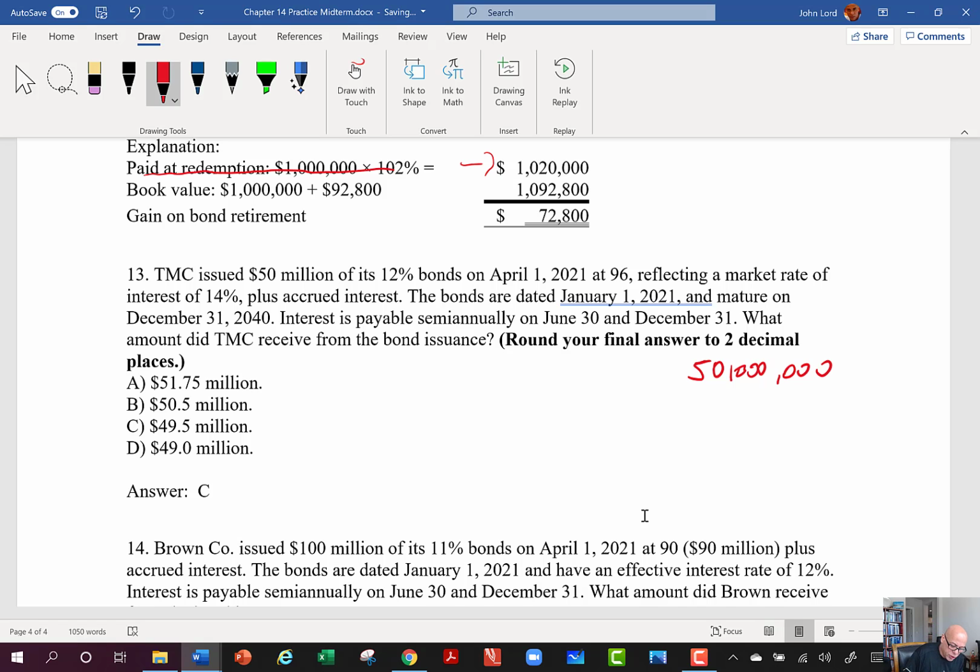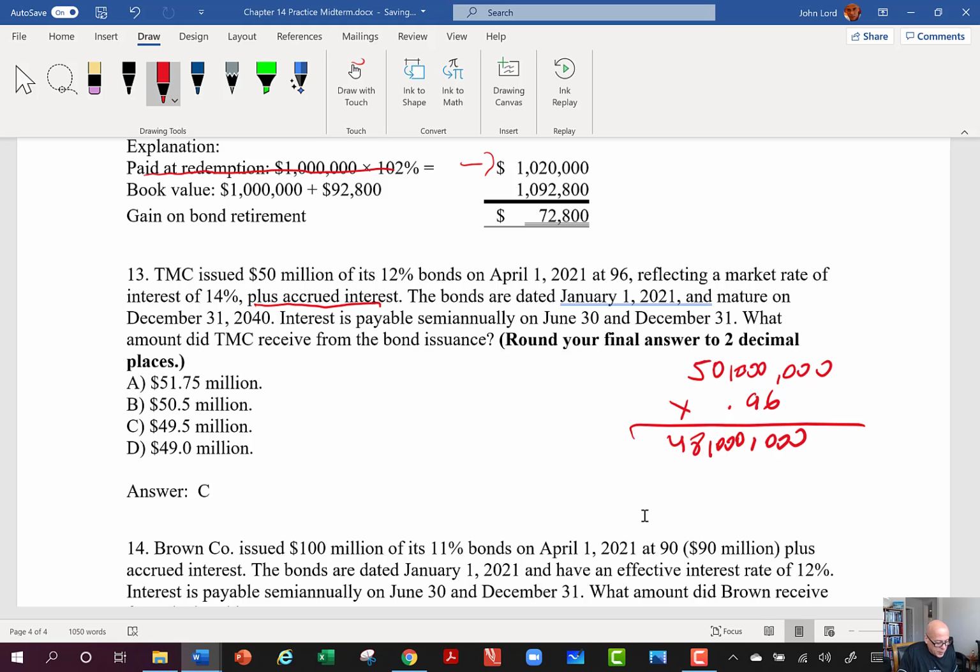And they issue it at 96. So 50 million times 0.96 is 48 million. So when I issue this bond, the buyers are going to hand me 48 million bucks, right? But then we keep reading, and they say reflecting a market rate of 14% plus accrued interest.